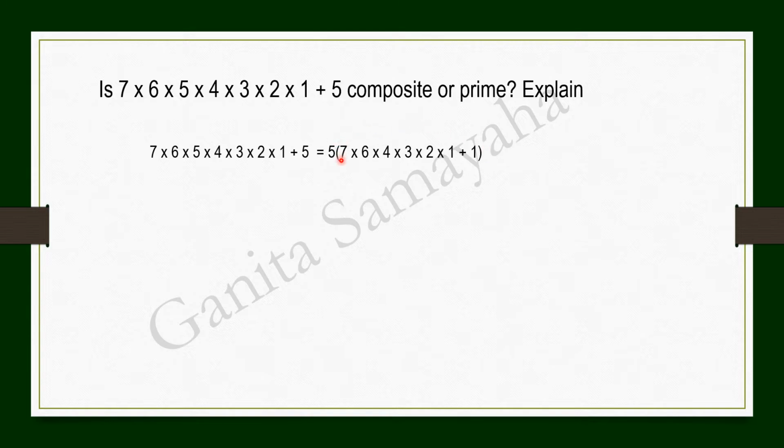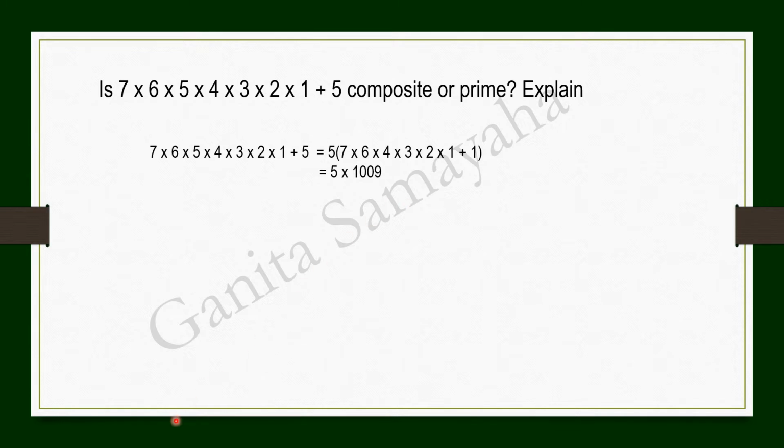Now whatever is there within the brackets, we can simplify it and we get this as equal to 5 into 1009. So we have expressed the given number as a product of two prime factors. If we are able to express this as a product of two primes, is it a composite or a prime number, children?